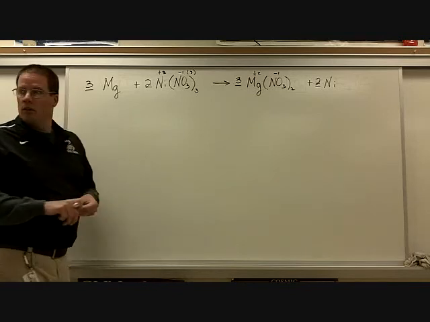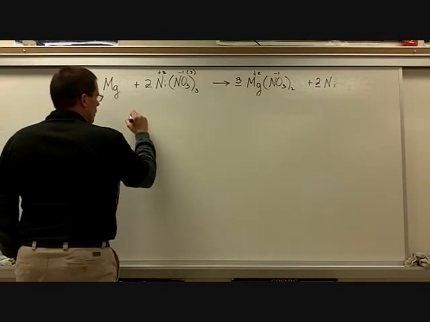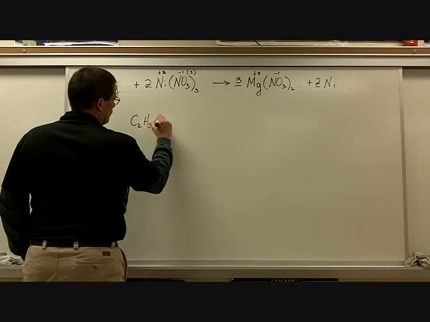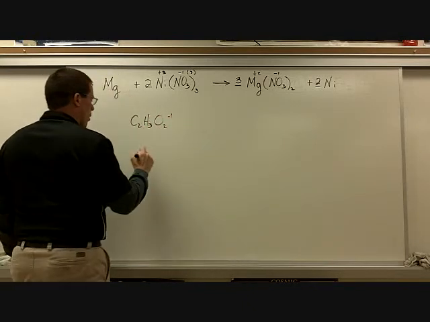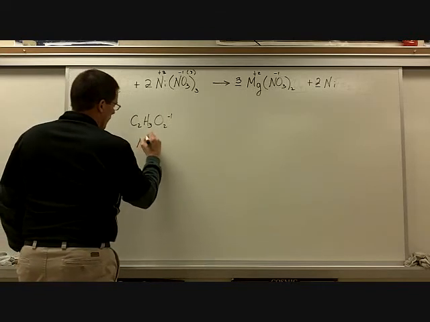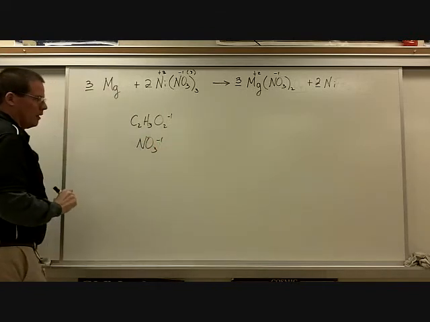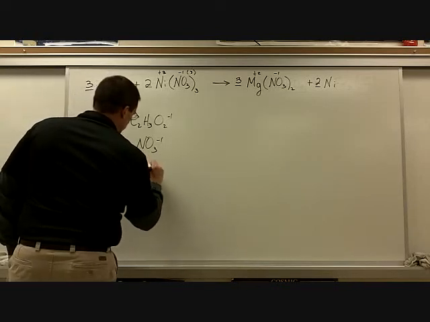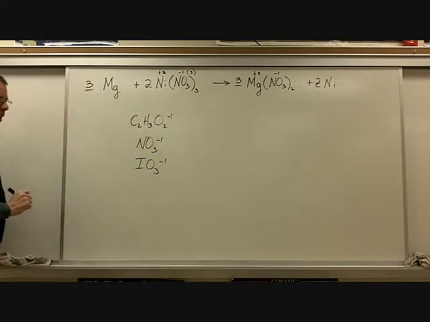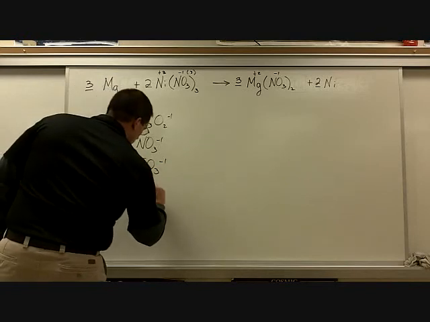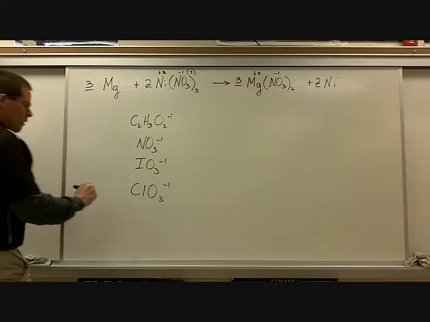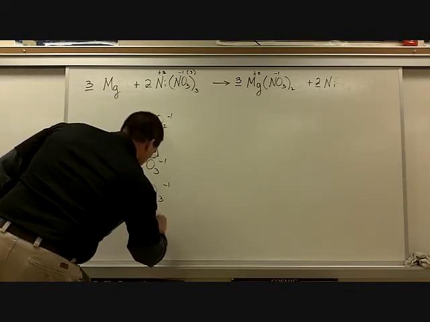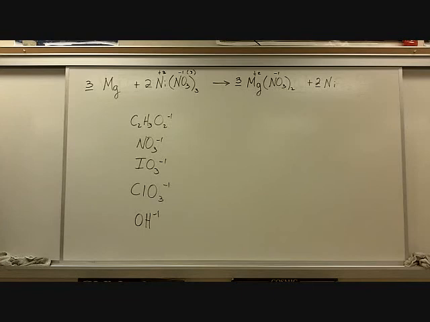What are the 10 polys? What's this one? Acetate. I'm trying to go in order, but I don't know if I'll get it in exact order. What's this one? Nitrate. What is this one? Iodate. I know I'm not in alphabetical order now. What is that? Chlorate? Carbonate. Hold on, we got one more, OH. Or -1, hydroxide. And I think that's all the -1s.